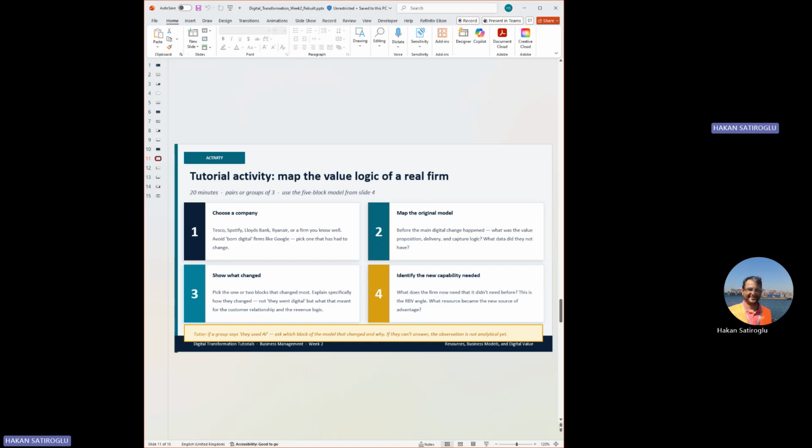Identify the new capability needed. This is where the analysis becomes stronger. The important thing is not to say Tesco used data analytics, but to explain what Tesco needed.